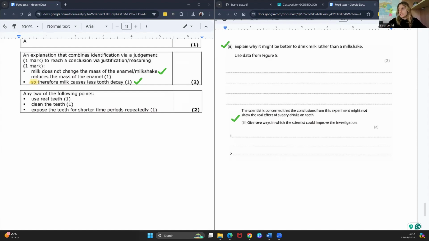Two ways in which scientists could improve the investigation. Now, the improvements. We can always think about a few things. The instruments, make them with a higher resolution, for example, or the sample that you're using, or the control variables that you should control.